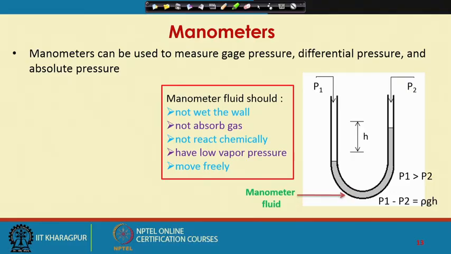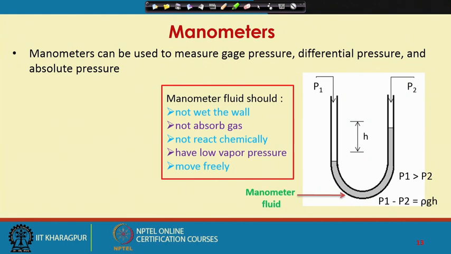So, now there should be certain desirable properties of manometer liquid. Manometer liquid must not wet the wall. Manometer liquid must not absorb gas, or it must not react chemically with the fluid whose pressure I am measuring.